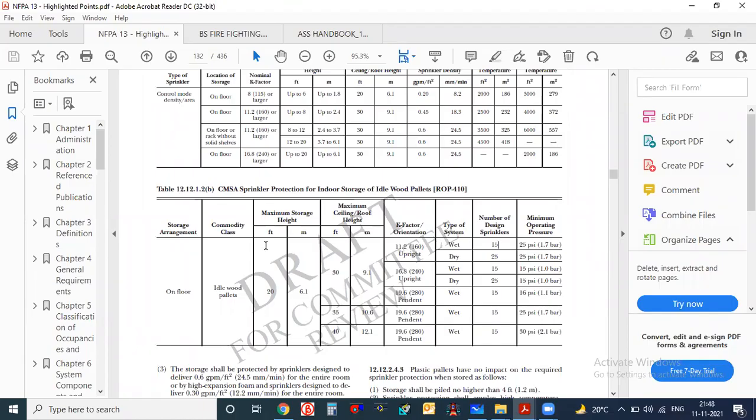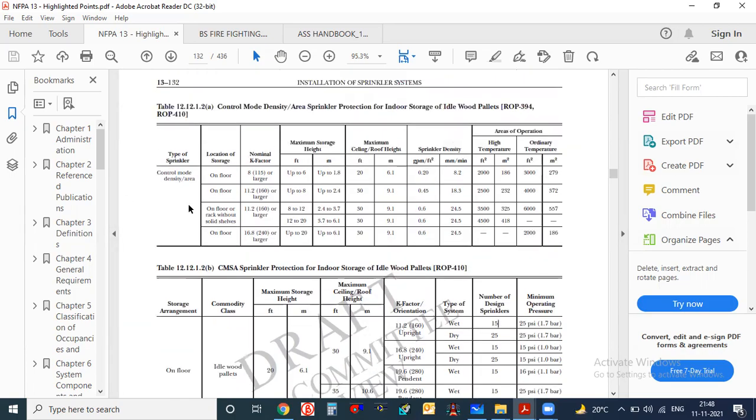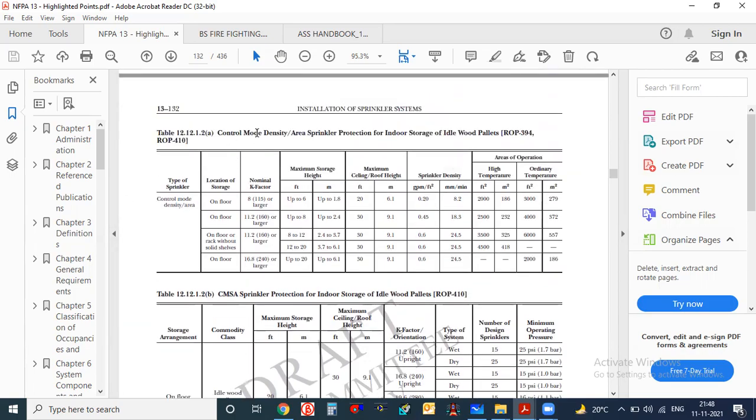So between CMSA and CMDA, we can choose one of them. Both are different, and we need to get an update from the vendor itself on the difference between CMDA and CMSA. I think it is the pressure or the operation.